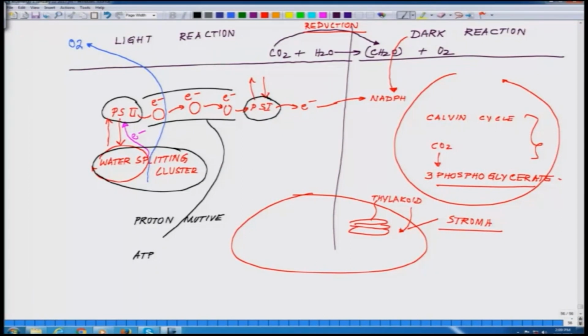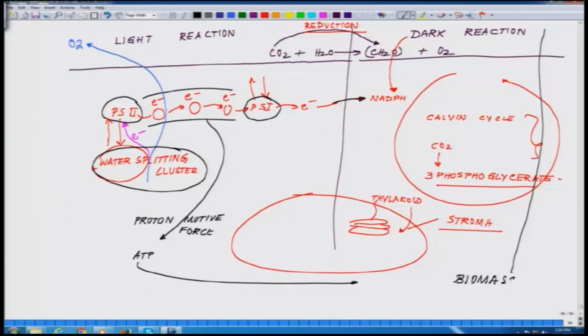So, that is exactly what is happening, proton motive force, which leads to the generation of ATP, is of course a part of the Calvin cycle essentially out here, and on the other side this NADPH which is formed is running the Calvin cycle, and this is where we talked about the whole biomass formation.